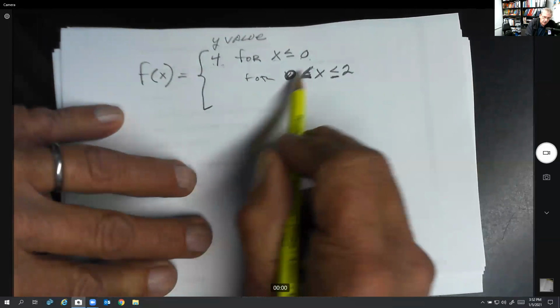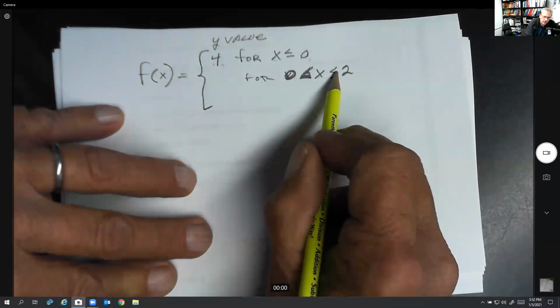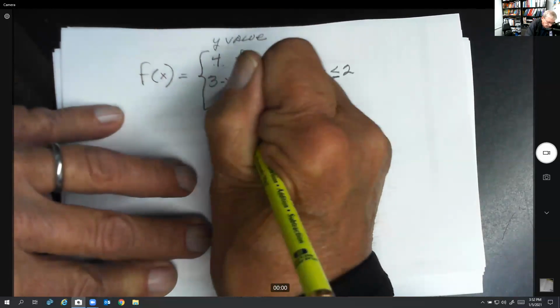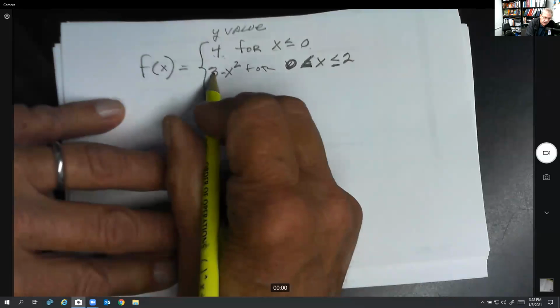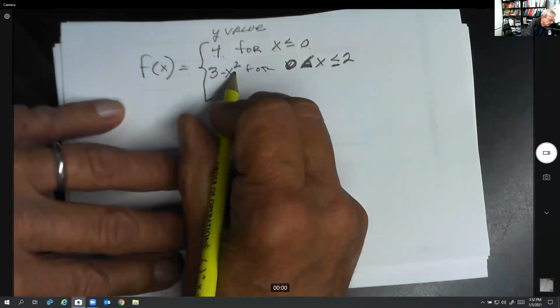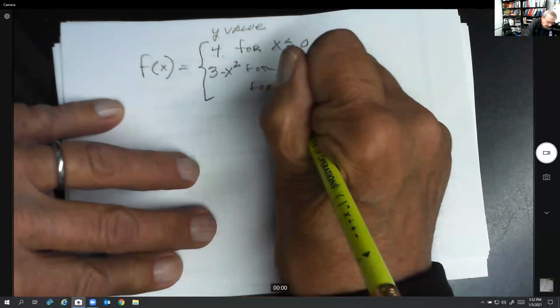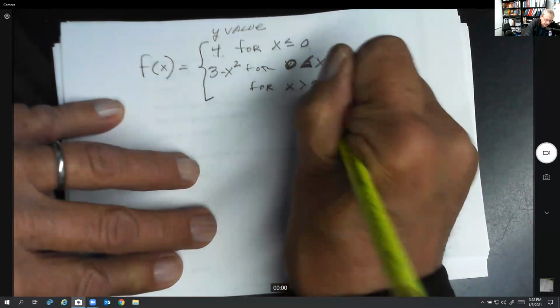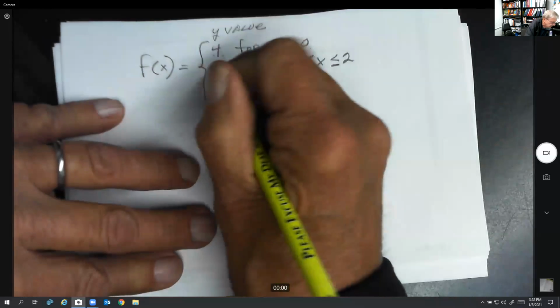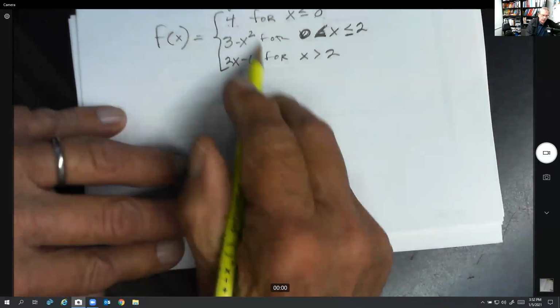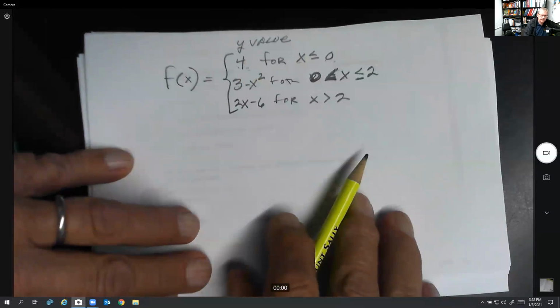When it's between 0 and exactly 2, then we're going to use this little formula, y equals 3 minus x squared. And this will give us values for y. When x is a number bigger than 2, any number bigger than 2, then we're going to use this formula. So we actually have 3 different formulas we're using.